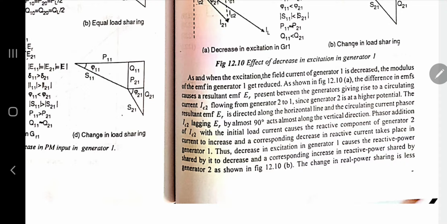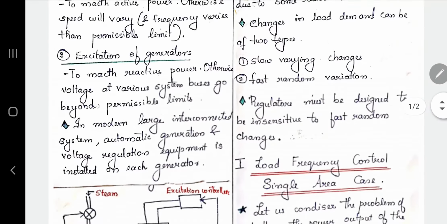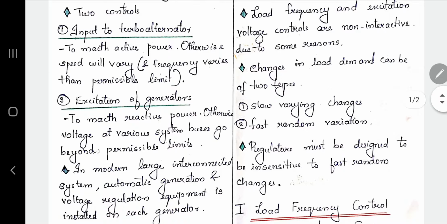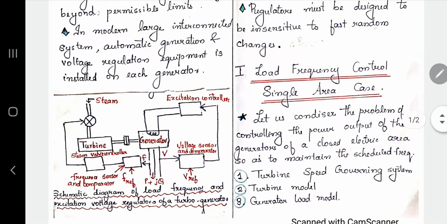So, these two are the effects which we have already studied in our synchronous induction machines, and using the same concept it is being explained here. Input is controlled for matching the active power, excitation is controlled for matching the reactive power. Now, coming to the main system, that is automatic load frequency and excitation voltage control.